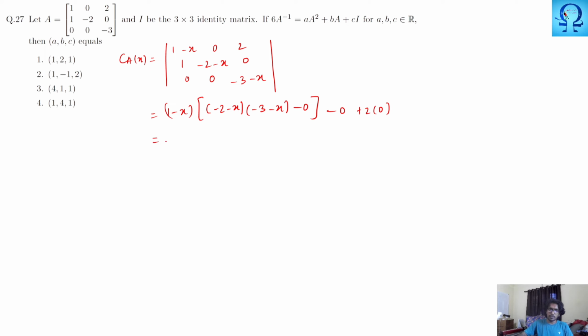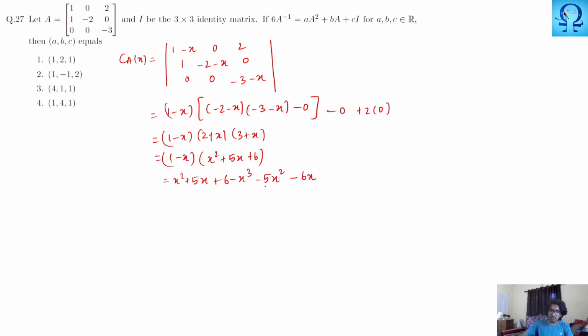So finally what we end up is 1 minus x. If you take minus from this and this, that becomes plus. So 2 plus x and 3 plus x. So it is 1 minus x times (x square plus 5x plus 6), and multiply this inside: x square plus 5x plus 6 minus x cube minus 5x square minus 6x.